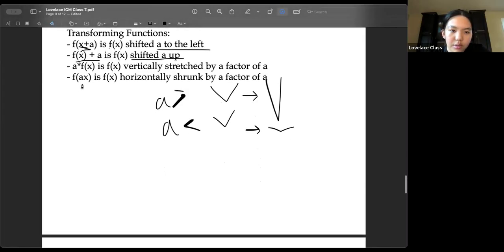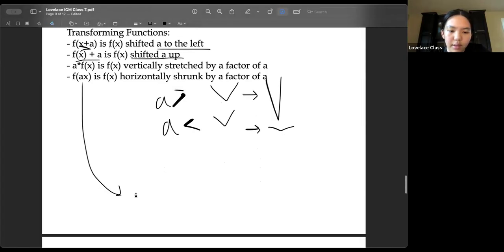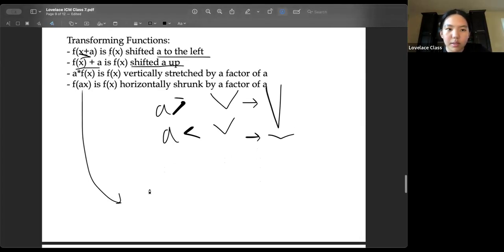And then the opposite, if ax is inside the argument: if a is greater than 1, then this becomes shrunk. And if a is less than 1, it is horizontally stretched.